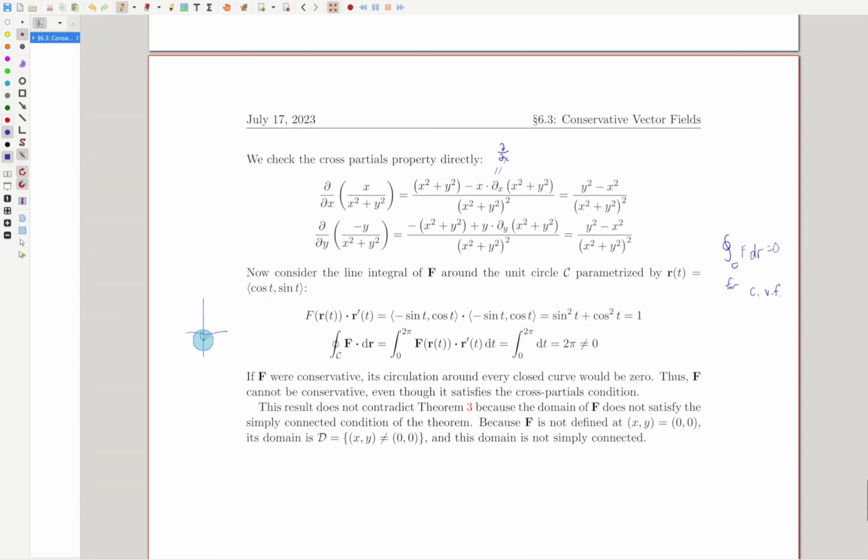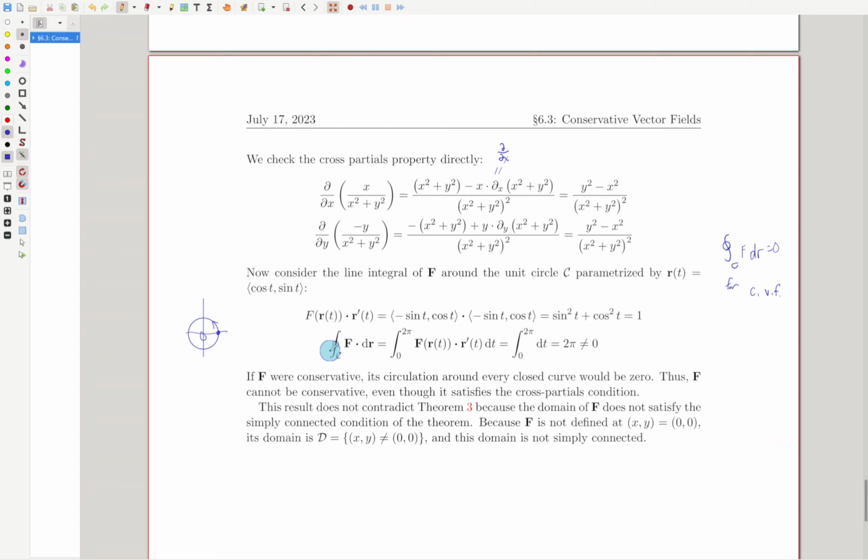So there's a hole there, and you end up taking this contour in this direction. So we parameterize the unit circle, t from 0 to 2 pi. The parameterization is cosine t, sine t.